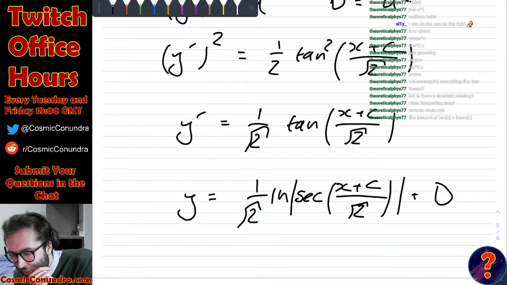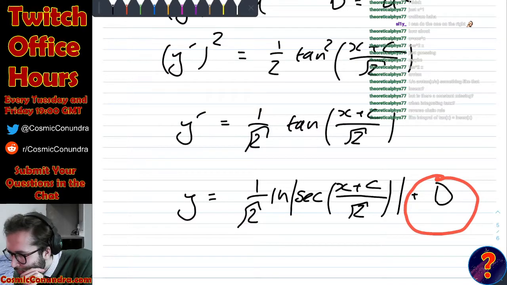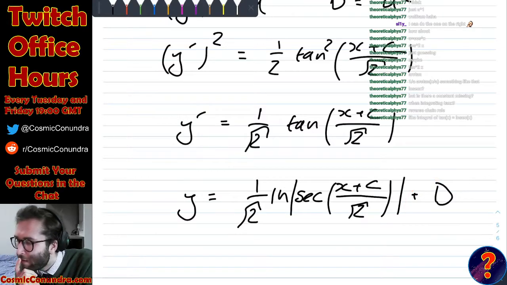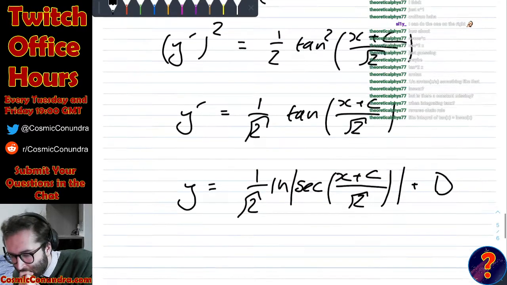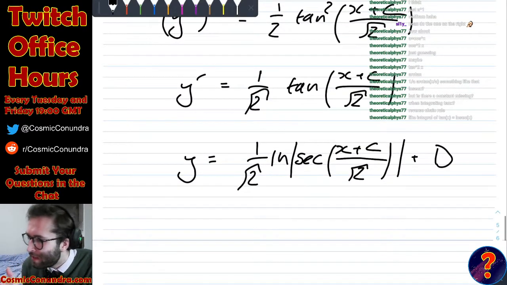This is the constant from the integral of tan x equals log sec x. This is the integration constant on the end, this plus d. That's what I mean by this d.